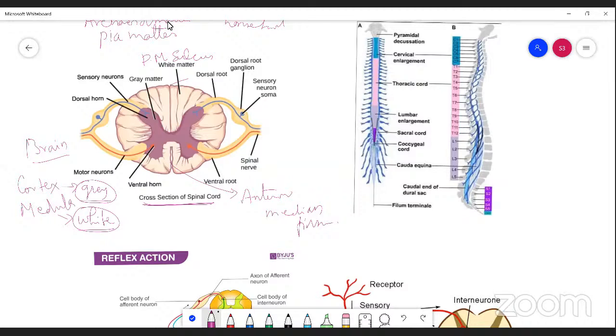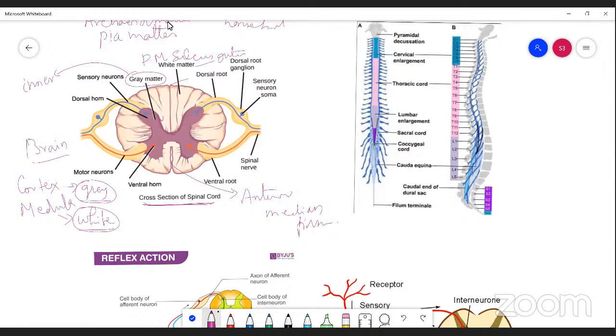In the brain, the gray matter is the cortex, the outer region, and the white matter is the inner region, the medulla. But in the spinal cord, the gray matter is present in the inner region, opposite to the brain, and the white matter is present in the outer region.